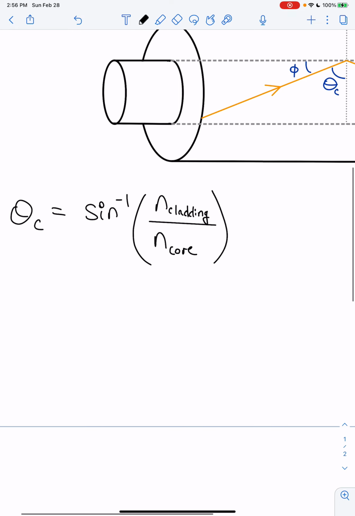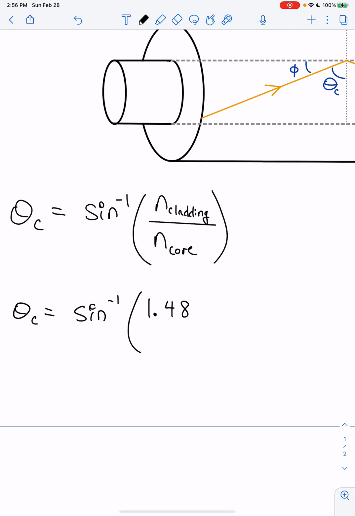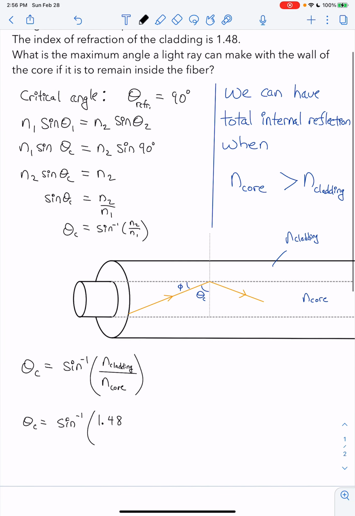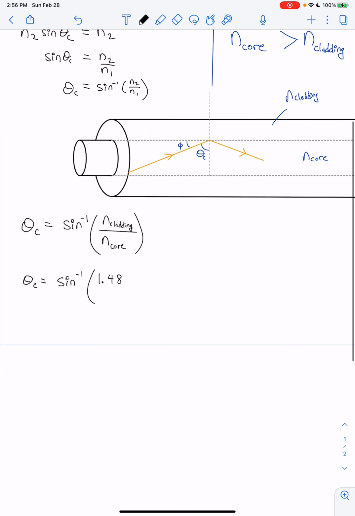Okay, so then we can say, well, my critical angle is inverse sine of the cladding, which was 1.48, I think. Yeah, and then it was 1.6 for the core. And so the critical angle works out to be 67.7 degrees.